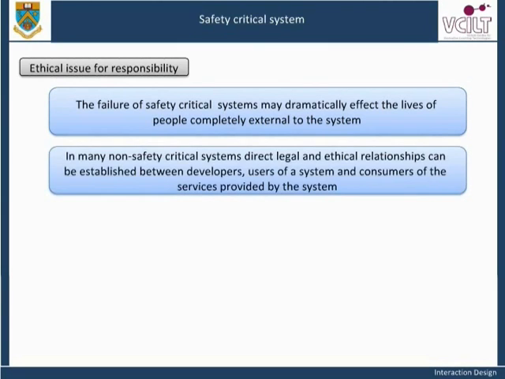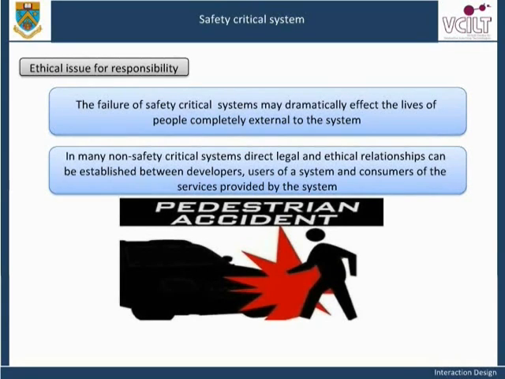In many non-safety-critical systems, direct legal and ethical relationships can be established between developers, users of a system, and consumers of the services provided by the system. Safety-critical systems may impinge on a greater stage. If you are knocked down by a motorist driving a hire car whose ABS brakes are faulty, who is responsible?